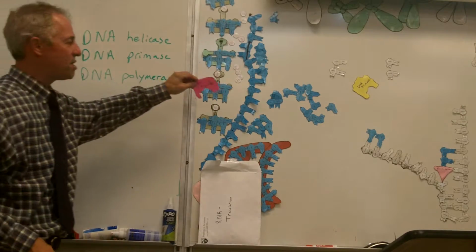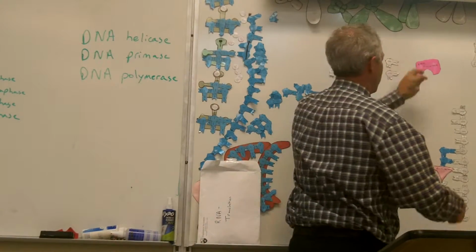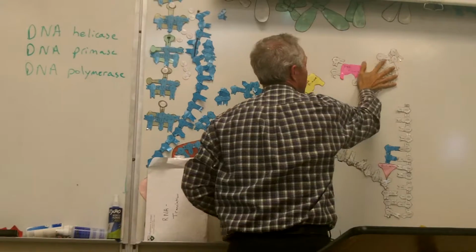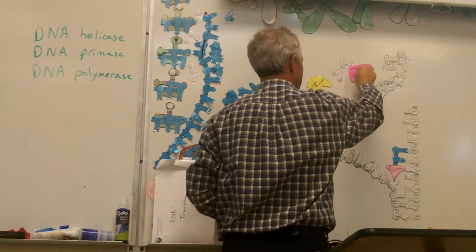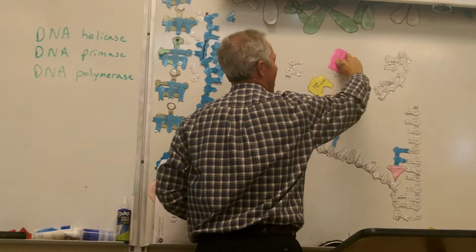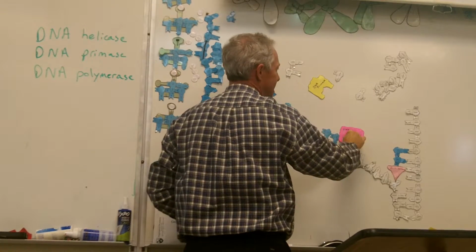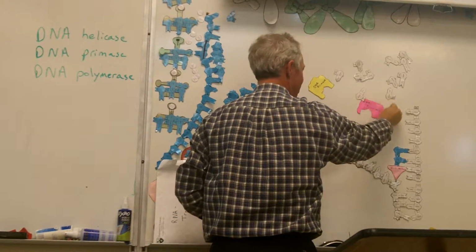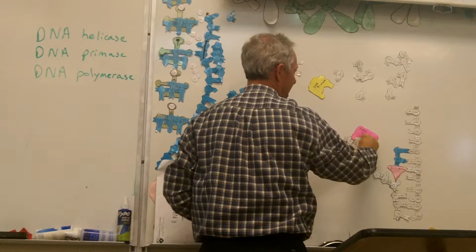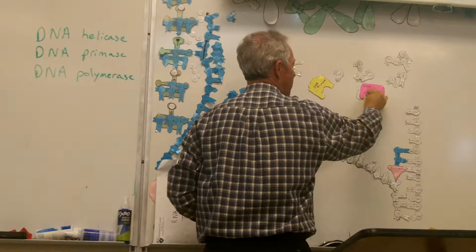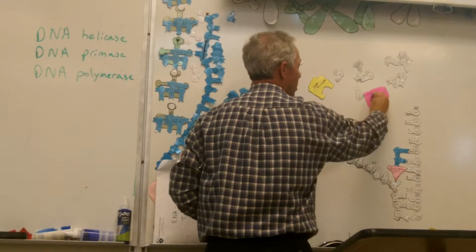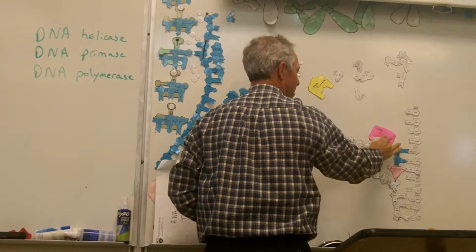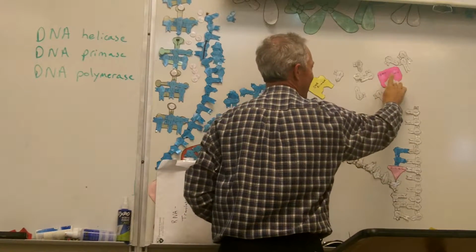DNA polymerase, what does it do? It grabs DNA nucleotides that are floating around in the nucleus, and one by one, it attaches the DNA nucleotides to the RNA chain. Attach, grab, and attach. Grab, and I grabbed the wrong one.